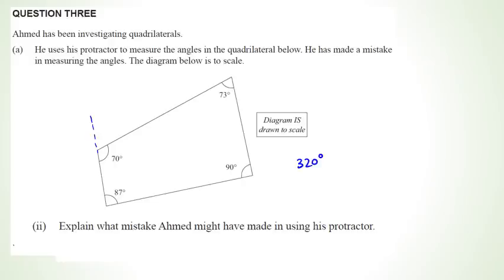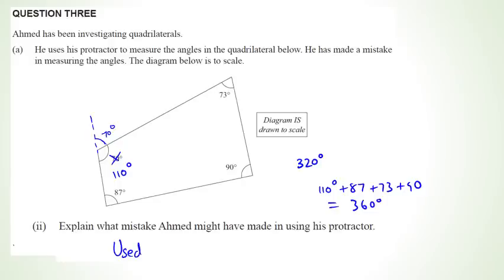So I guess the mistake he could have made, and this is kind of a tricky question, is that with a protractor he might have used it the wrong way, because this is 70 degrees, which means that it could be 110 degrees. If he has put it the wrong way, then 110 plus 87 plus 73 plus 90 is actually equal to 360 degrees.